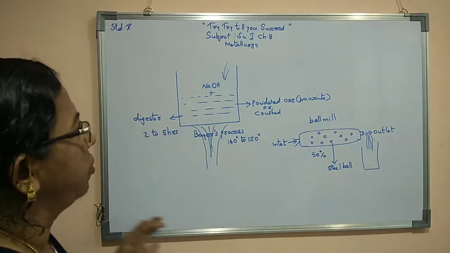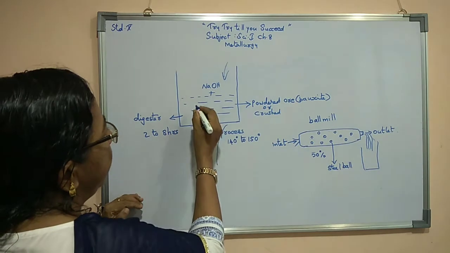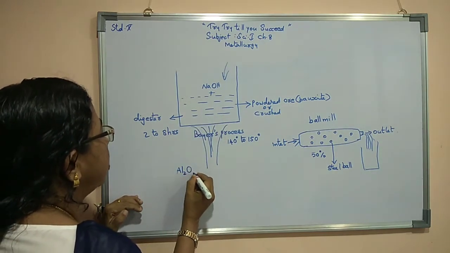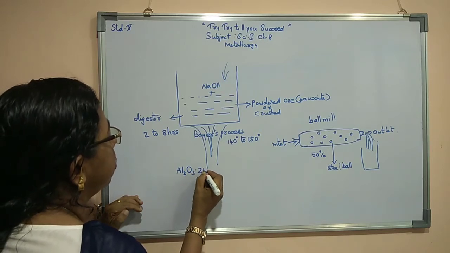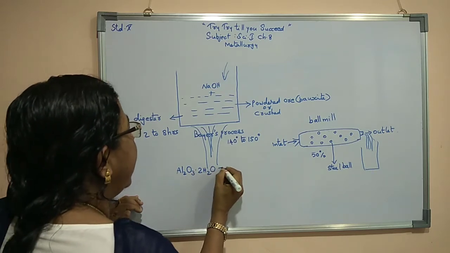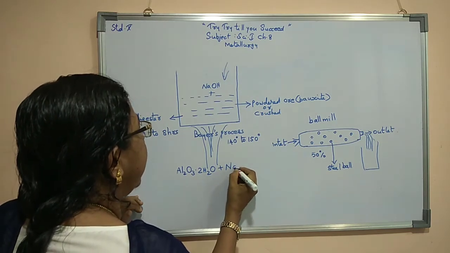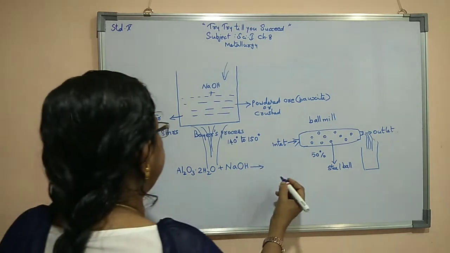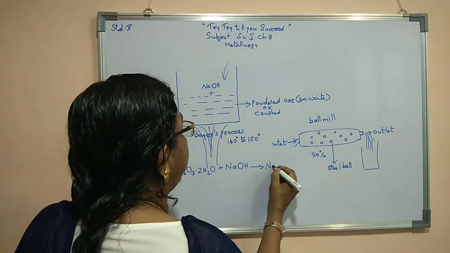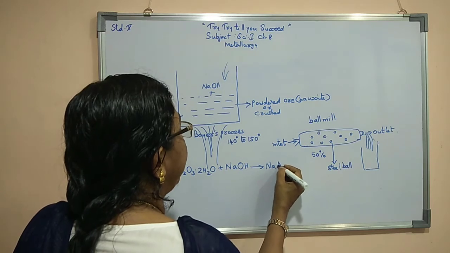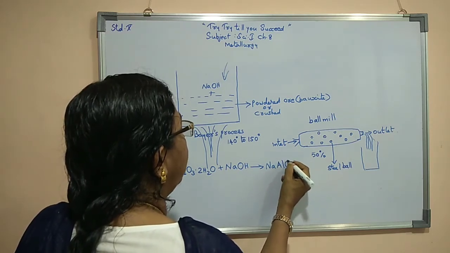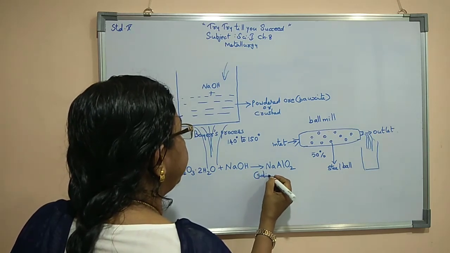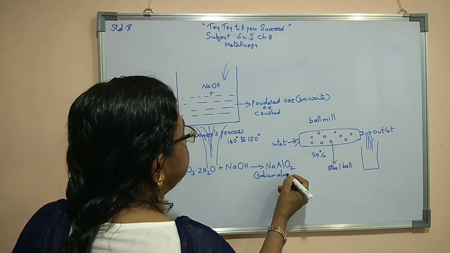As a result, the bauxite ore, its formula Al2O3.2H2O, will react with the sodium hydroxide. As a result, there will be the formation of sodium aluminate, NaAlO2, sodium aluminate.